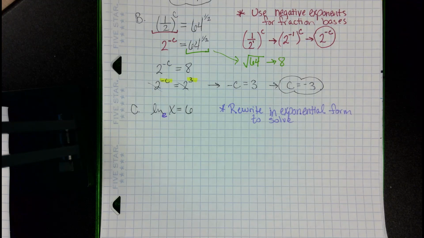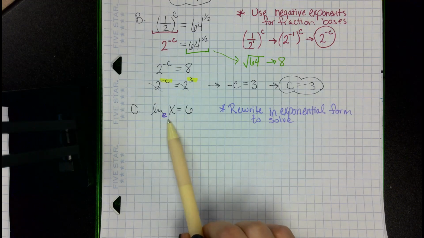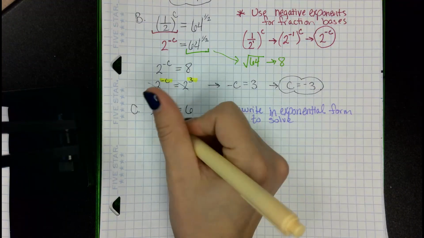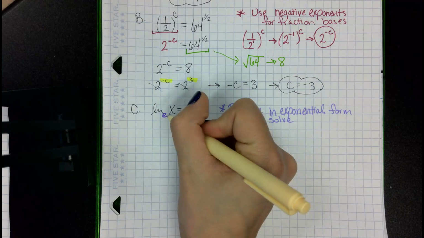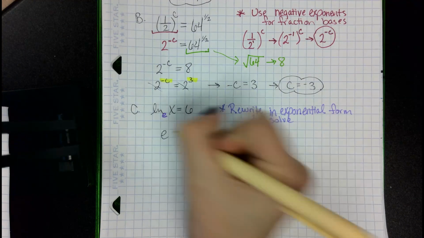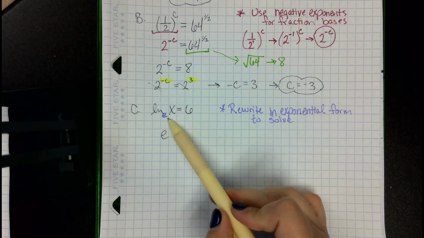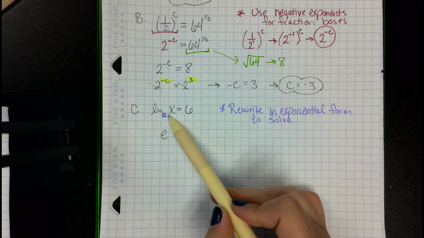So if I want to turn this into an exponential from a log, I have log base e, and my exponential form is going to have the same base. So the base of the log is also the base of the exponent. In log form, the x is with the e. So when I switch to exponential form, the other value gets its turn with e.